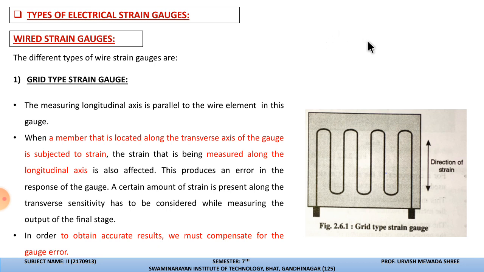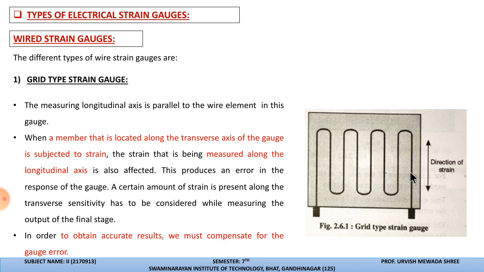From this diagram you can see a substrate on which a wire is placed in a shape. You can see a wire engraved or placed like this. This is the direction of strain we can measure with the help of this grid type strain gauge.